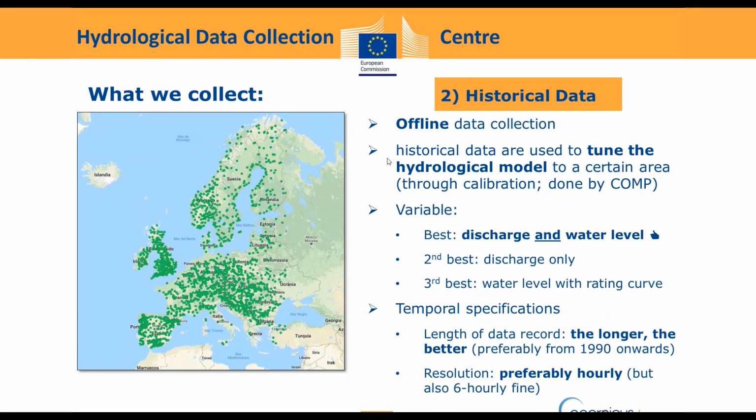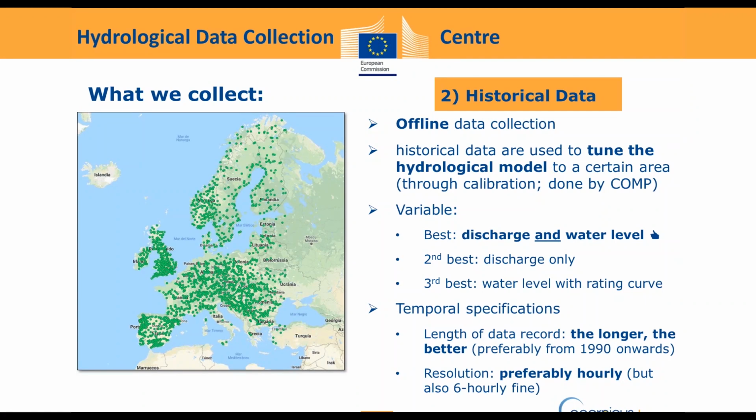The second kind of data we collect are historical data. Offline data collection, we don't need near real time, of course. We ask the partner once a year for this kind of data.